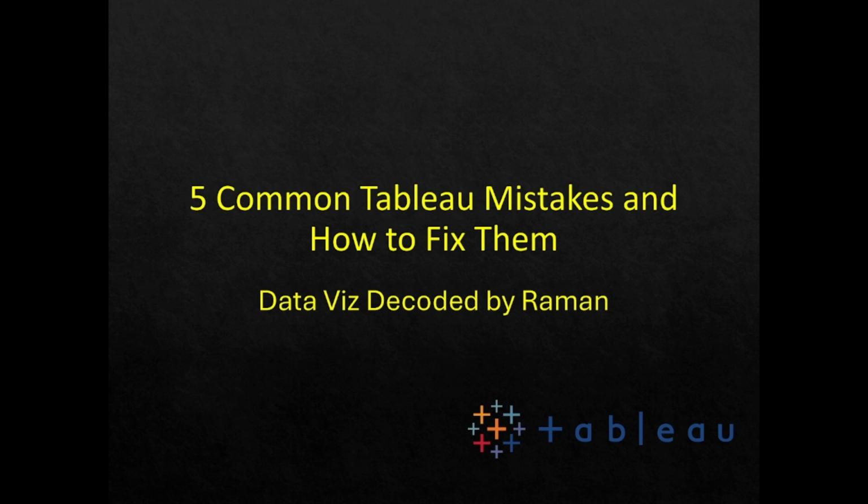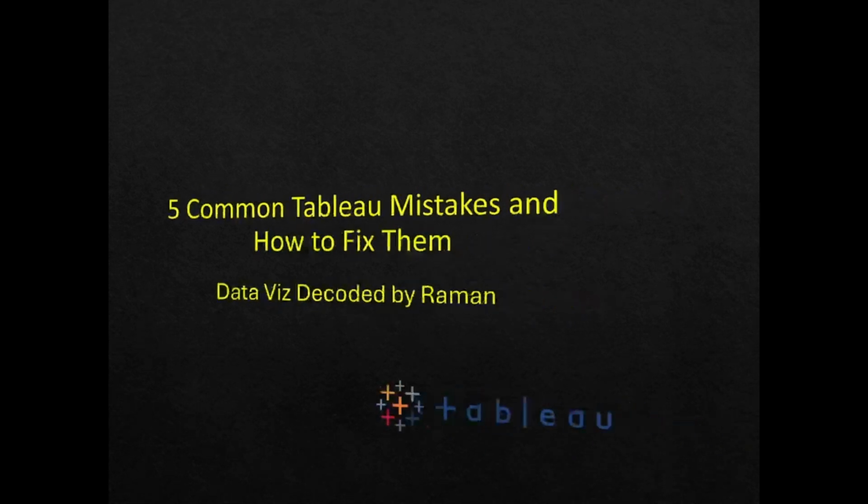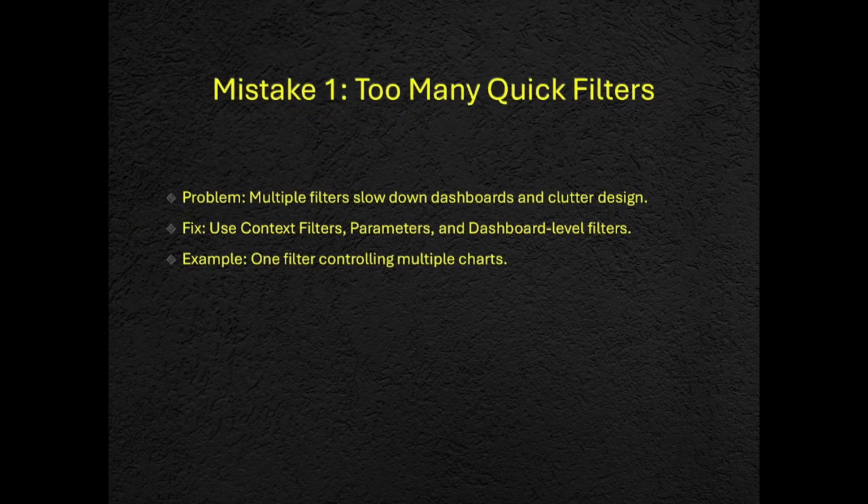So let's get to the first most common mistake in the visualizations. The first one is using too many quick filters. We all love to use filters one over another, and we lose track of the number of filters, and it makes the dashboard messy and cluttered.